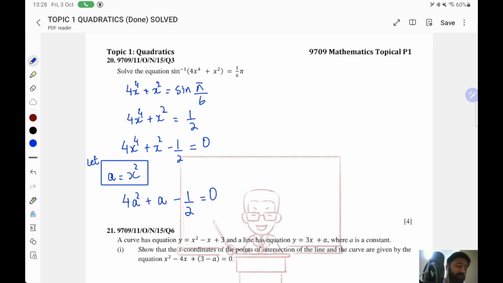But you can do factorization for this. Do the factorization, that will save your time.